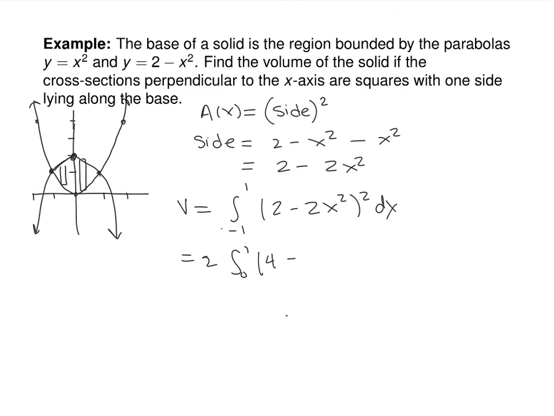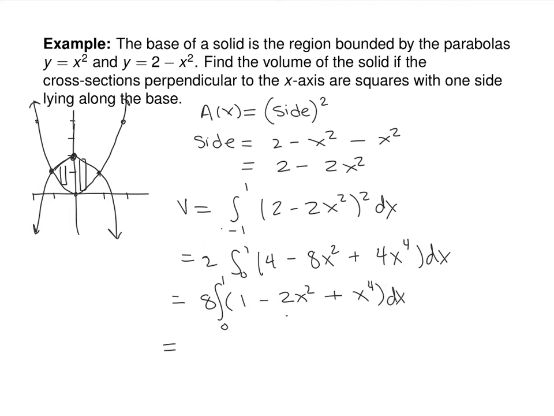4 minus 8x squared plus 4x to the 4th. So let's just pull that 4 out because it'll make it easier. Make that an 8. And we have the integral from 0 to 1 of 1 minus 2x squared plus x to the 4th dx. So that will be 8 times x minus 2/3 x cubed plus 1/5 x to the 5th.